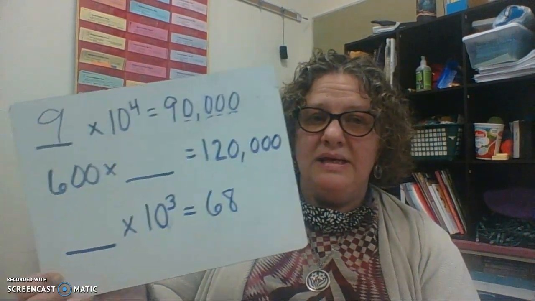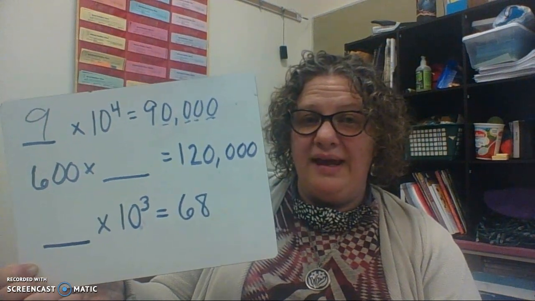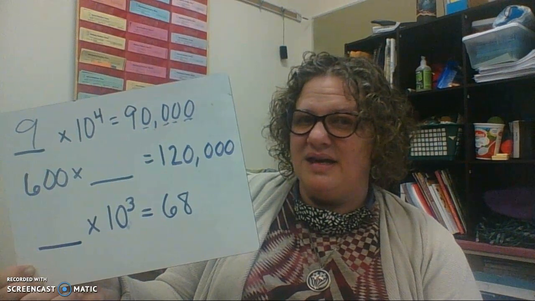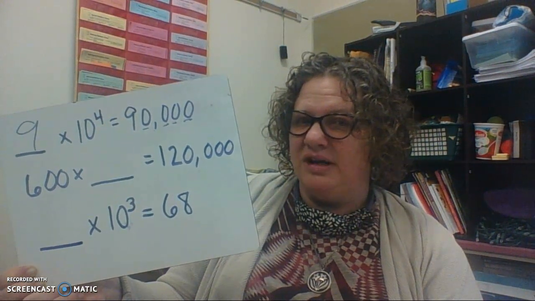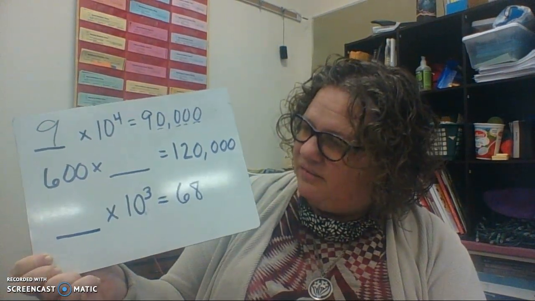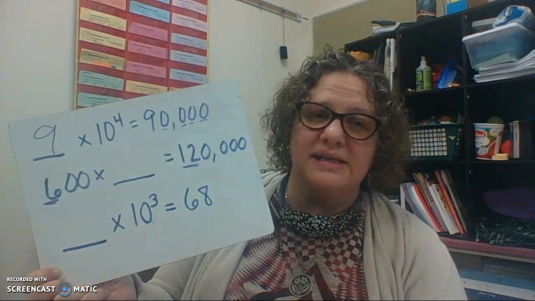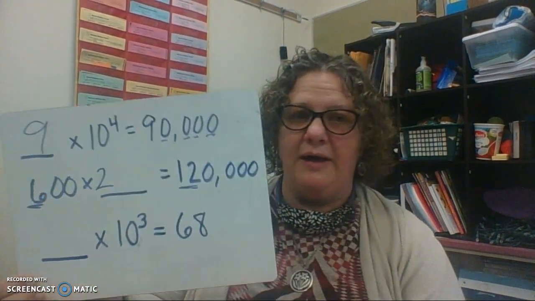Okay. The next one, we have 600 times something equals 120,000. Well, we want to first just look at the first numbers to figure out what the equation is, and we all know that 6 times 2 is 12. So I know that this number is going to start with 2, okay?